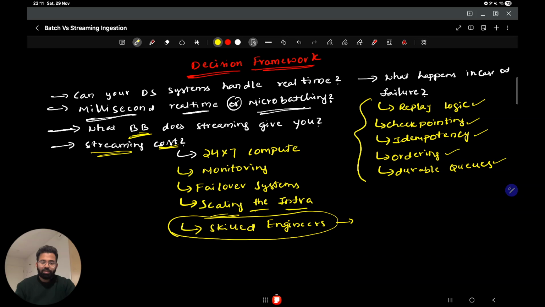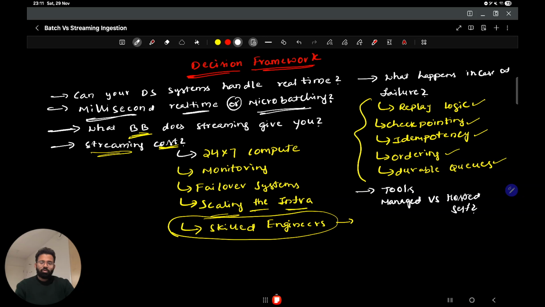Okay, and then moving on to the next point, which is about tools: whether we should use fully managed or self-hosted tools. Which ones should we consider?